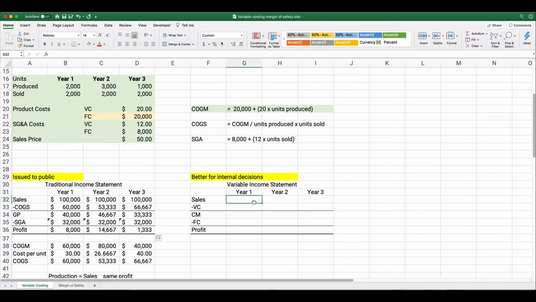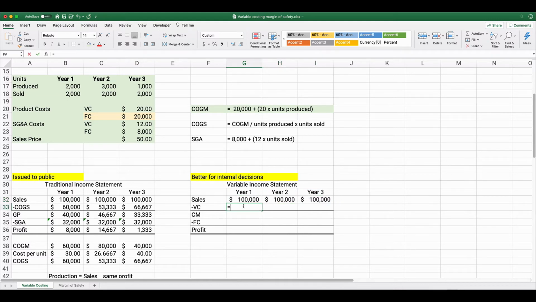So variable income statement, we're going to have 100,000. We're going to take the $50 times the 2,000 that we sold. And I can just copy that across. That's 100,000 every year. Our variable cost is going to be just the variable cost.